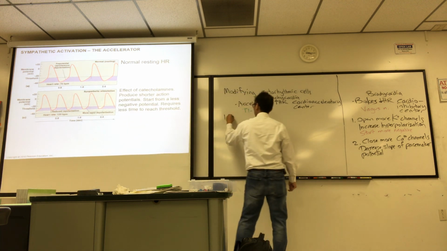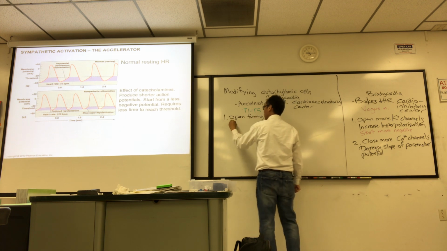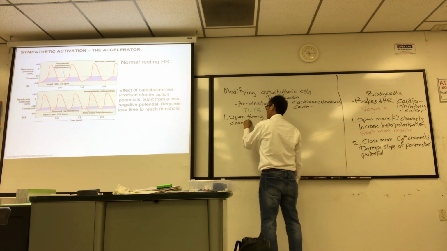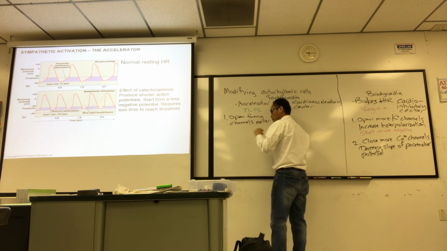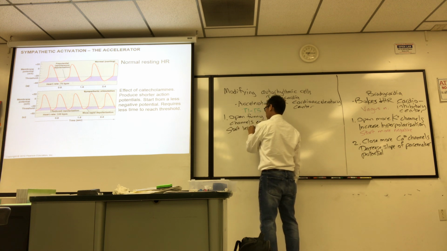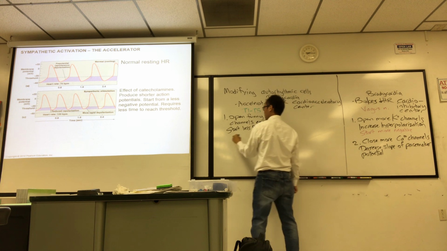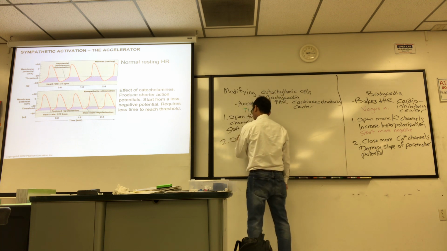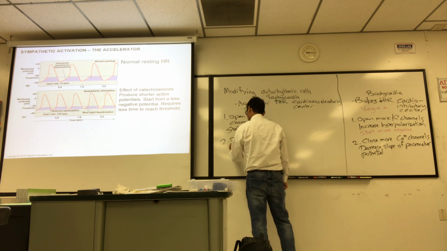When the accelerator is on, you open the funny channels earlier, and you open more calcium channels. Number one, open funny channels earlier, so you start less negative. And secondly, open more calcium channels.